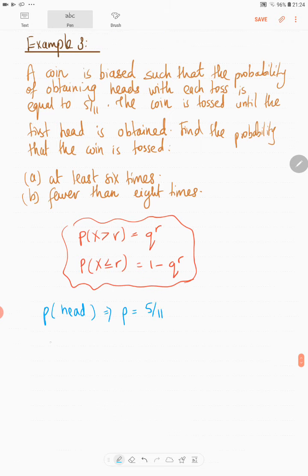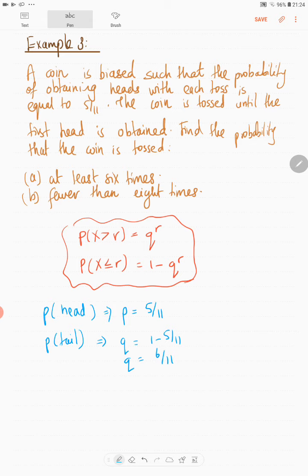So the probability of obtaining tail will be Q is equal to 1 minus 5/11, which is equal to 6/11.